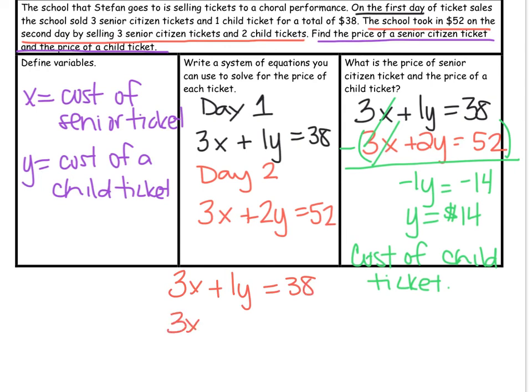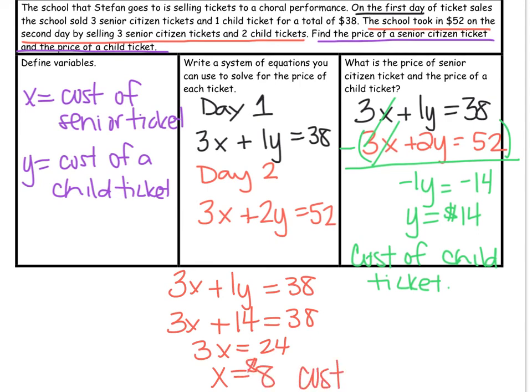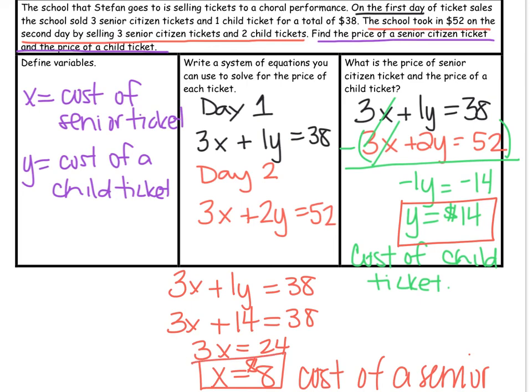We're taking out y and we're plugging in 14, and there's only one of them. Then we get 3x equals 24. So x equals 8, which is the cost of a senior ticket. So the cost of a child's ticket is $14. The cost of a senior ticket is $8.